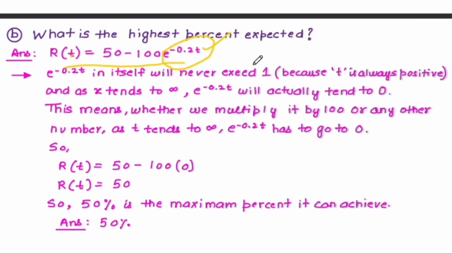It's very obvious. It is covered in the notes, you can go through them. This means that whether you multiply this whole term by 100 or any other number, this always will give you 0 at the end. So just do not consider this. So R(t) will be 50. So the highest percentage of people you can expect is 50.